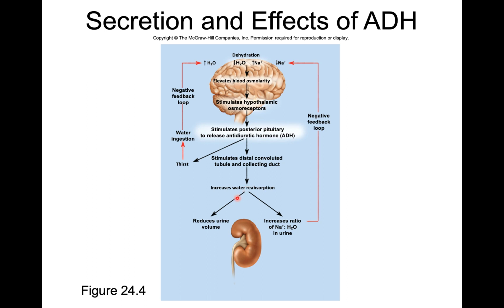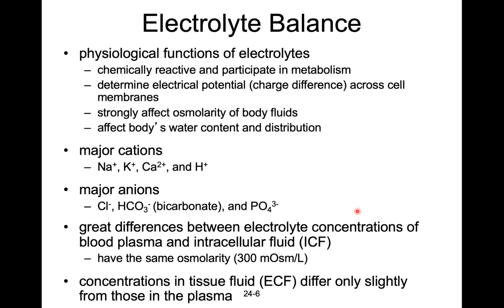Eventually, you will have a reduced urine volume because you're moving that fluid from the tubule back into the blood. And you're going to have an increased ratio of sodium to water in the urine. So not only do you reduce the volume of the urine, but you're increasing the concentration of the urine.